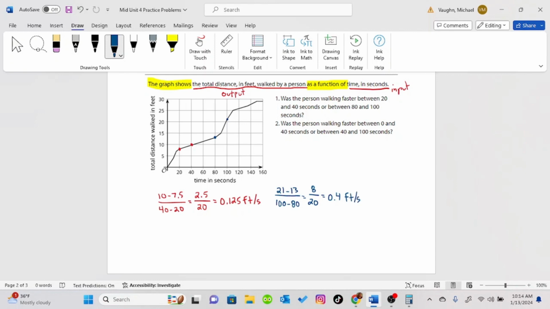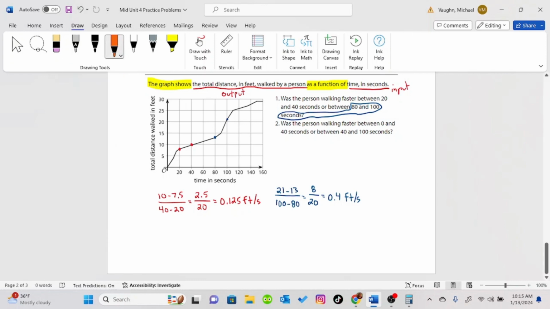So we can clearly see that 0.4 is greater than 0.125. So between 80 and 100 seconds is when the person was walking faster.